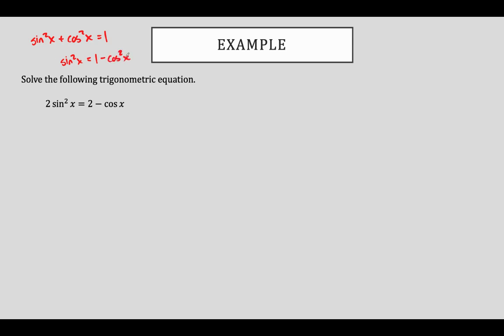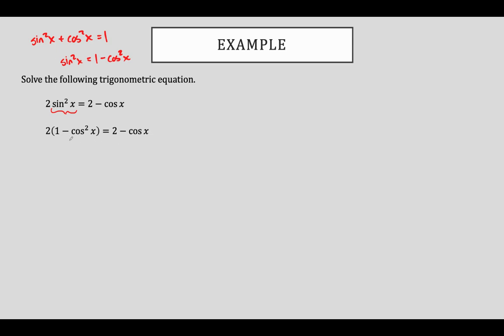Again, we can rearrange those identities in a variety of different ways, meaning I can replace this entire quantity, sine squared x, with 1 minus cosine squared x. That leaves me with 2 times the quantity, 1 minus cosine squared x, is equal to 2 minus cosine x. Well, why did that help me out? Now, the only trig function that I have in my equation is cosine of x.